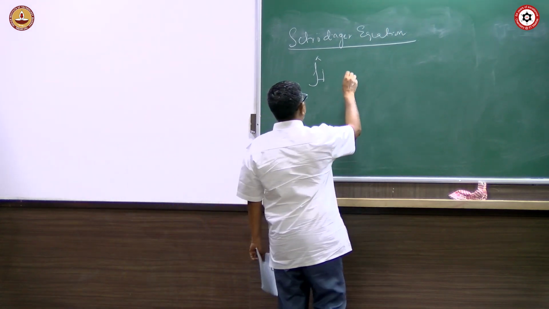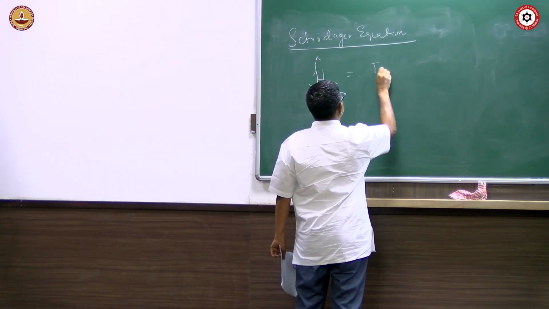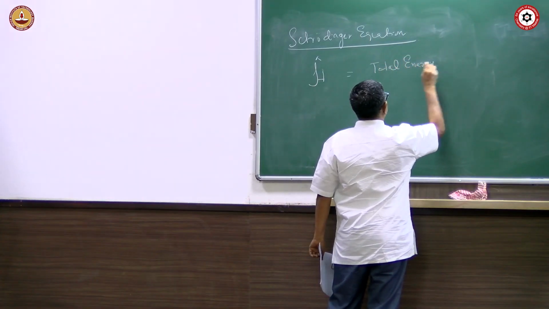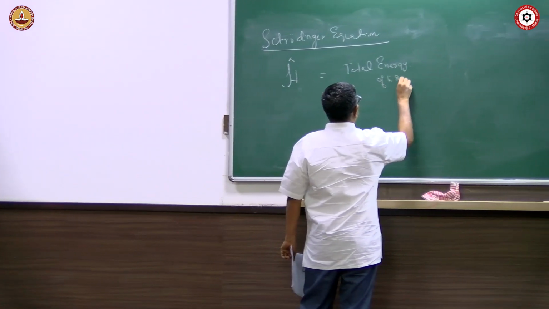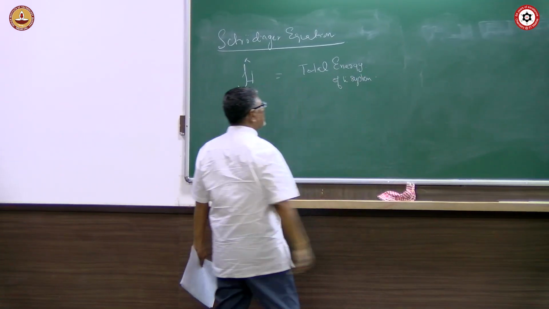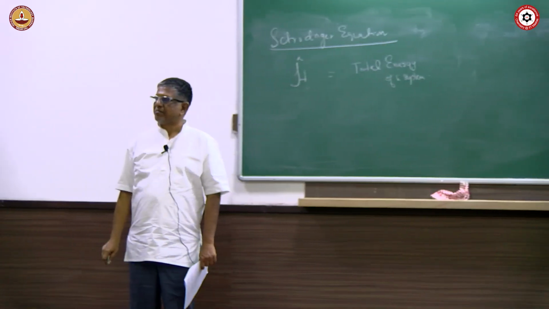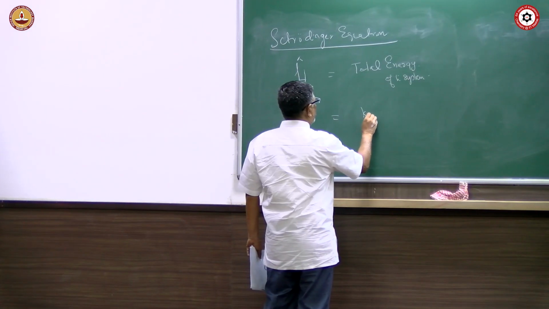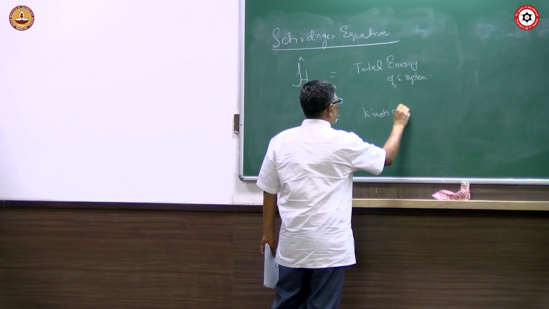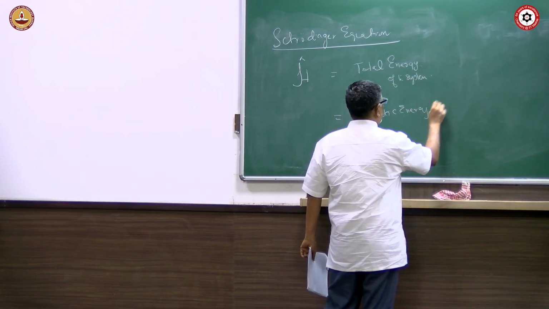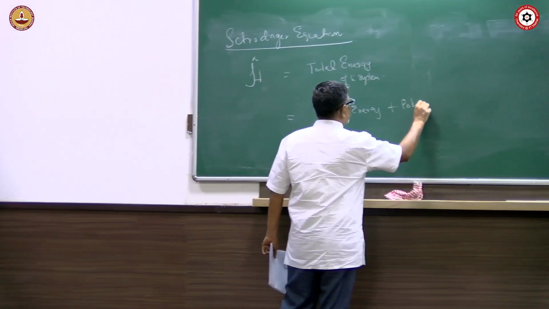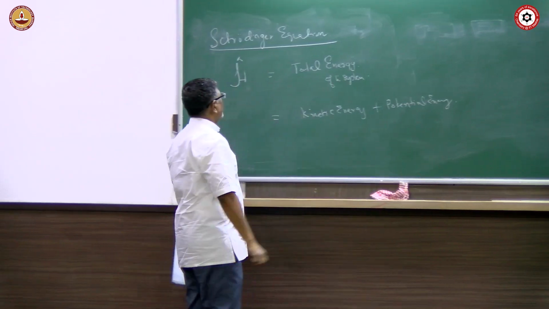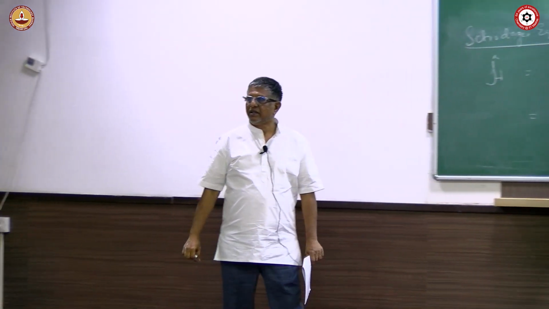So what is the Hamiltonian? The Hamiltonian is an operator which represents the total energy of the system. Total energy means you have kinetic energy plus potential energy. So that's the total energy here.